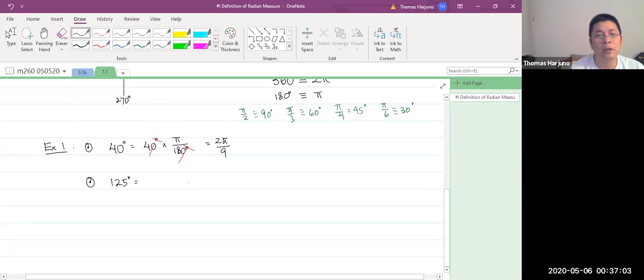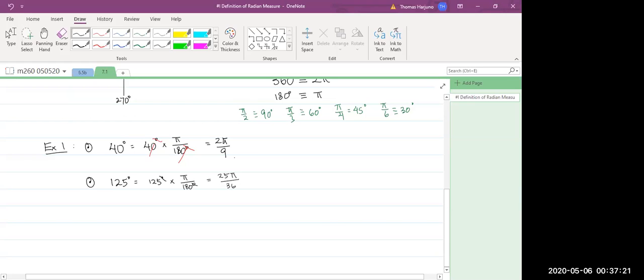What will that be? 125 degrees times pi over 180 degrees. Cancel the degrees. I think I will cancel by 5 also. That's 25 pi over 36. I think that's the simplest possible.